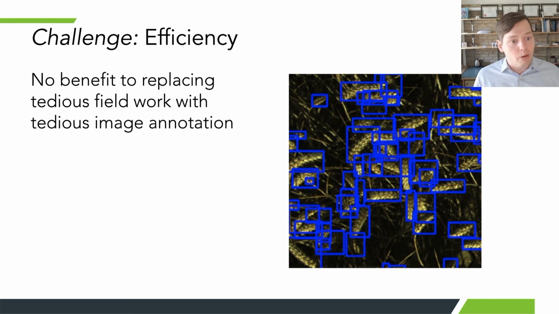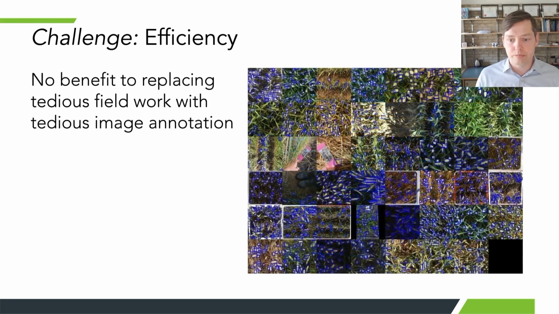So one important challenge to keep in mind is that there is potentially not much benefit to replacing tedious field work with tedious image annotation. This is particularly the case for large data sets.